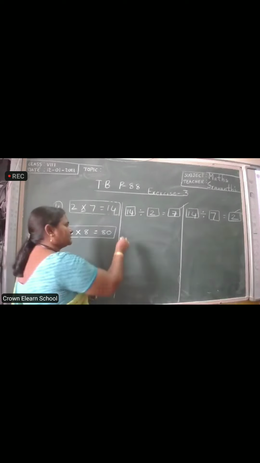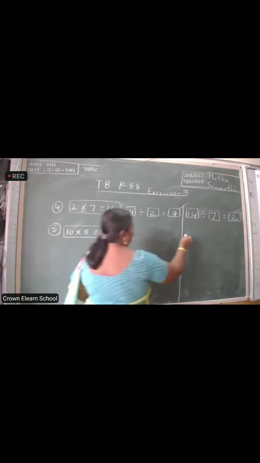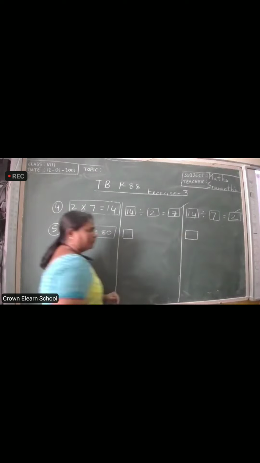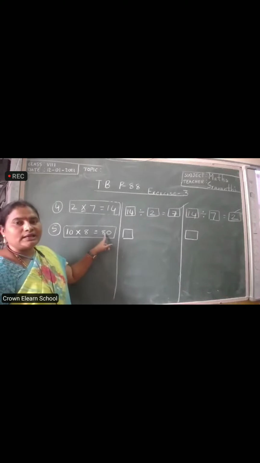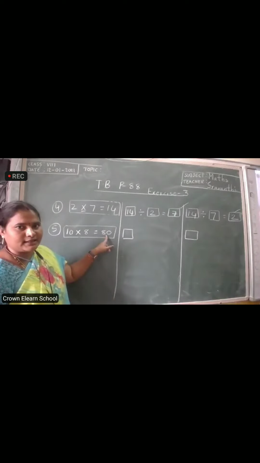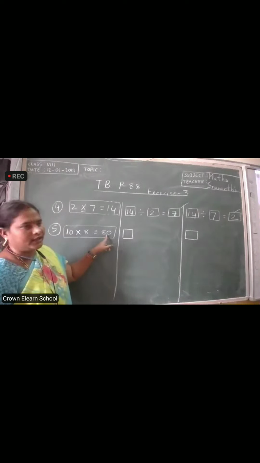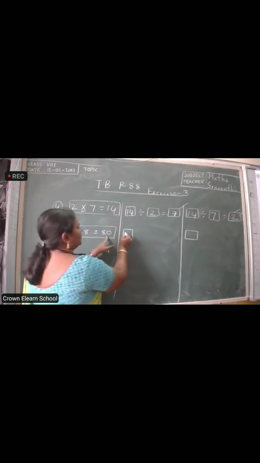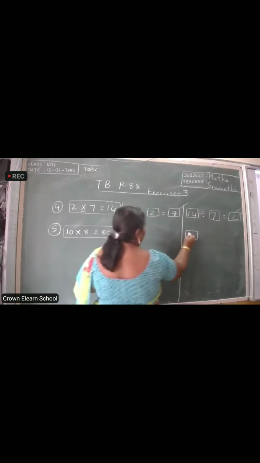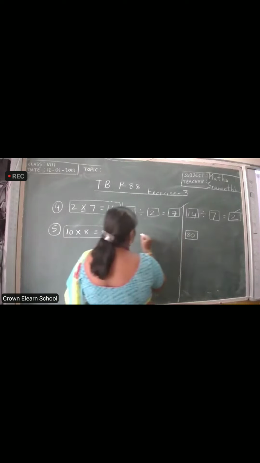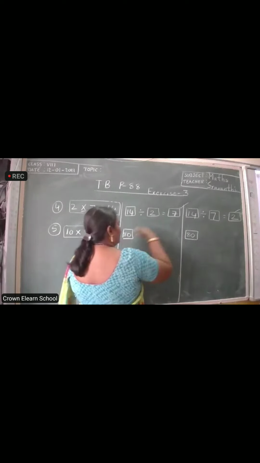Okay? Let us write. Ten 8s are 80. 80 is the answer, the product. We take this 80 and write it as the first number in both division forms.